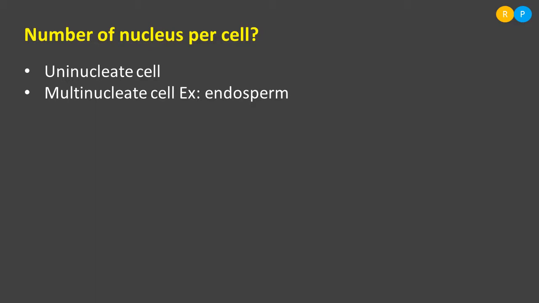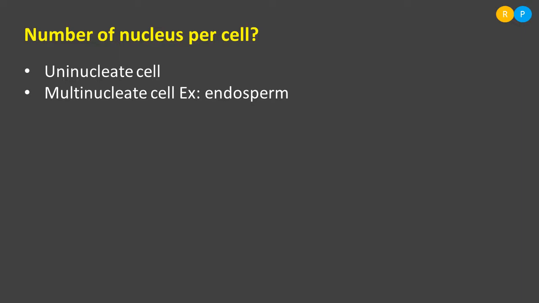It nourishes the developing embryo, right? So the endosperm consists of multinucleate cells. The cells forming the endosperm consist of multiple nuclei. Actually 3 nuclei can be found in each cell in the endosperm. So this is the best example of a multinucleate cell.